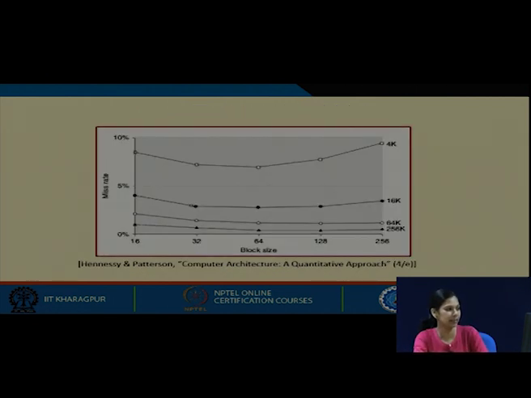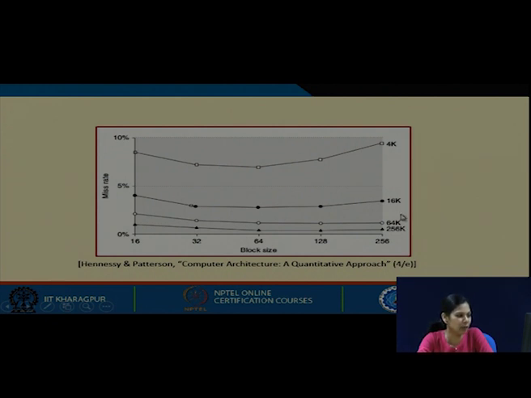Let us see this particular diagram showing the miss rate, the block size and the cache size. When the cache size is small, the miss rate decreases, but after a certain point the miss rate again increases.